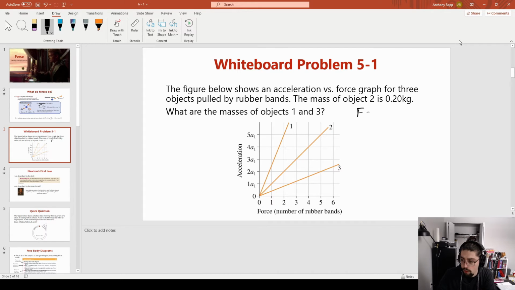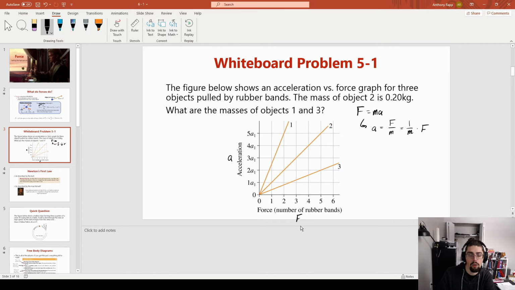So we start with our F is equal to ma, and that's fine, but I'm going to rearrange this just a little bit. Let me move it over to the other side. Let me say A is equal to F over m. Better yet, let me write this out as 1 over m times F. Now, it seems like I'm just kind of unsimplifying this problem, but if we think about this thing, this looks quite a lot like a slope-intercept kind of form of an equation.